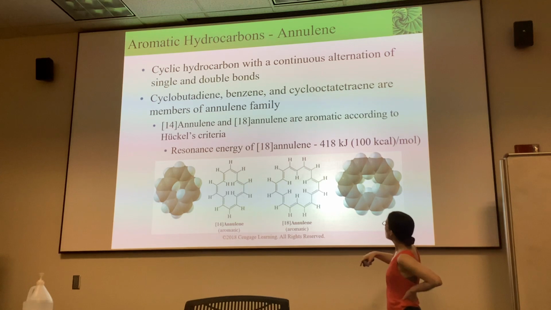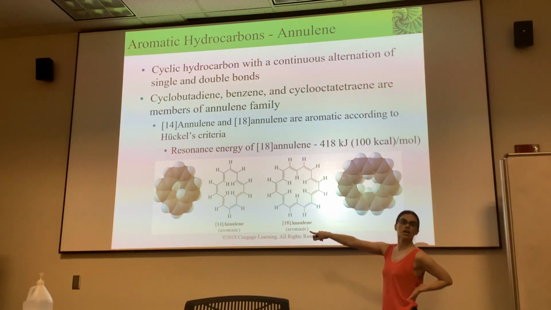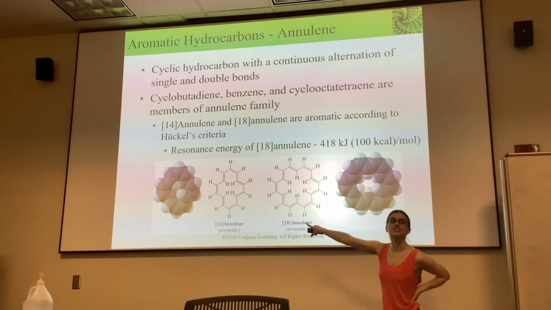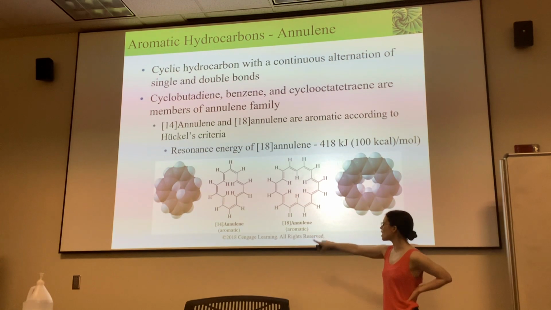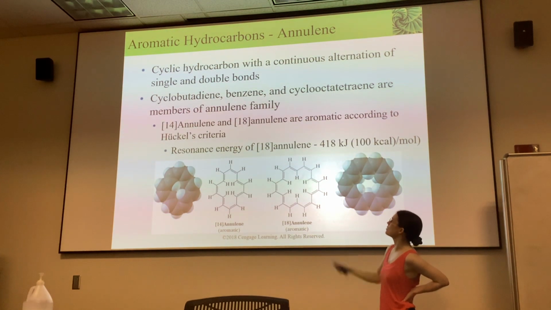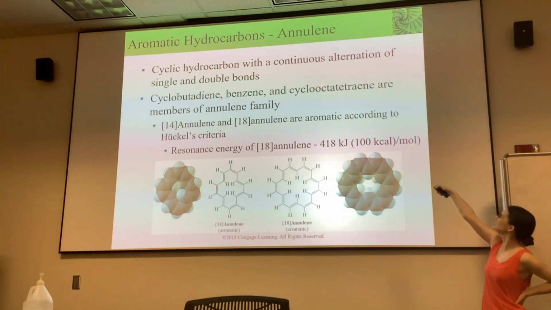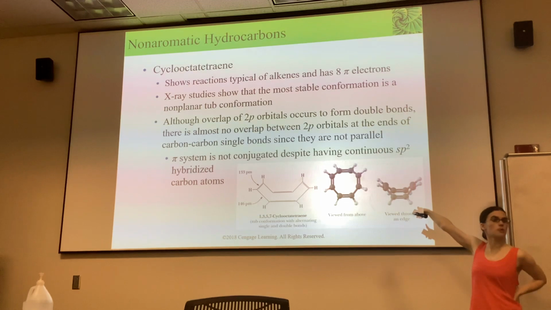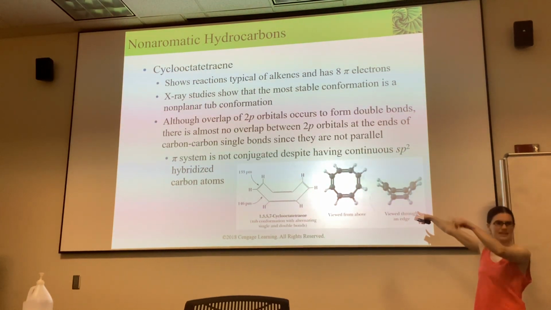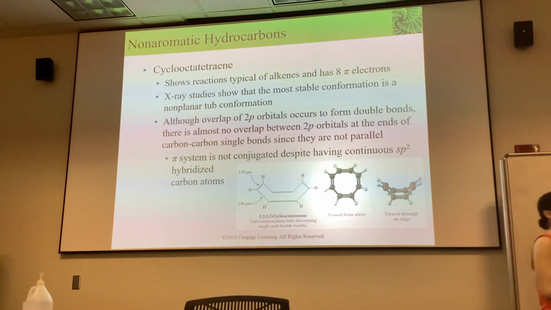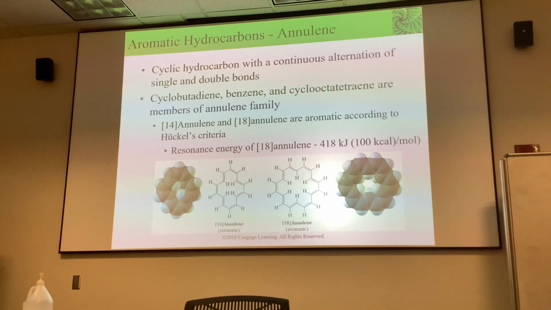Oh, no, these guys are aromatic. Sorry, these guys are aromatic, it's just not all annulenes are. I was going to say, oh, maybe all annulenes are aromatic, but no, they make a point up here, cyclobutadiene and cyclooctatetraene. This guy in the square, the anti-aromatic, gotcha. Okay, the square anti-aromatic, and the tub that's not either of them, they count as annulenes.